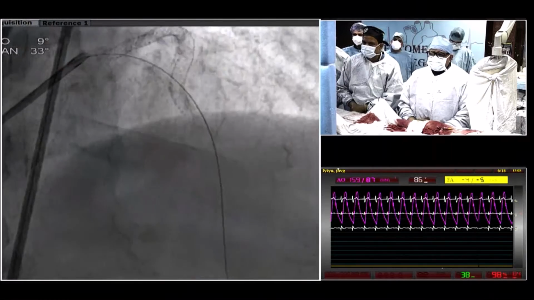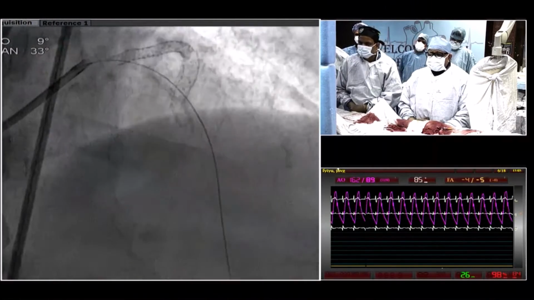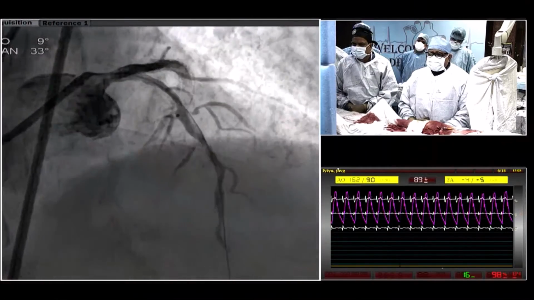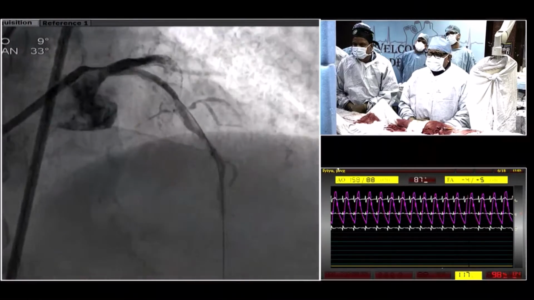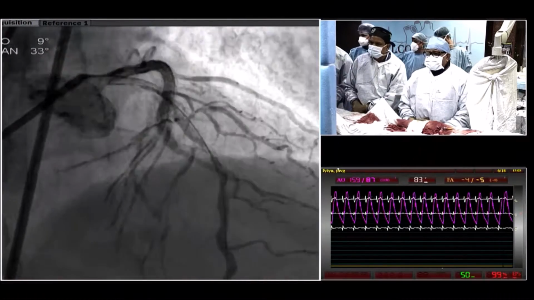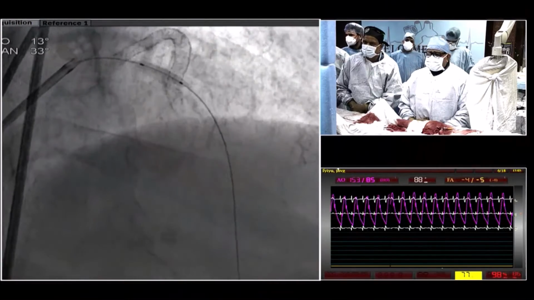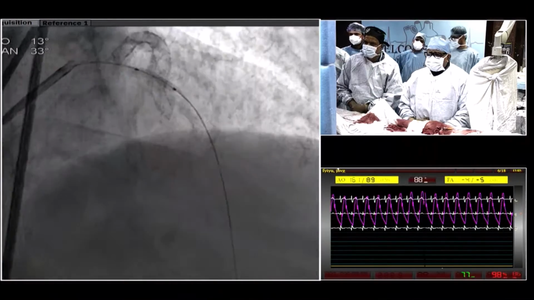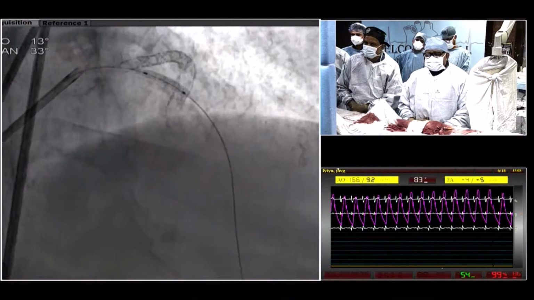Yes, the proximal part of the LAD is still somewhat not so dilatable compared to the mid and distal. And we do have the mid LAD where the dissection is there. Next view. This is again a cutting balloon, 2.75. We went up to 20 atmospheres at this particular point to have an adequate dilatation.